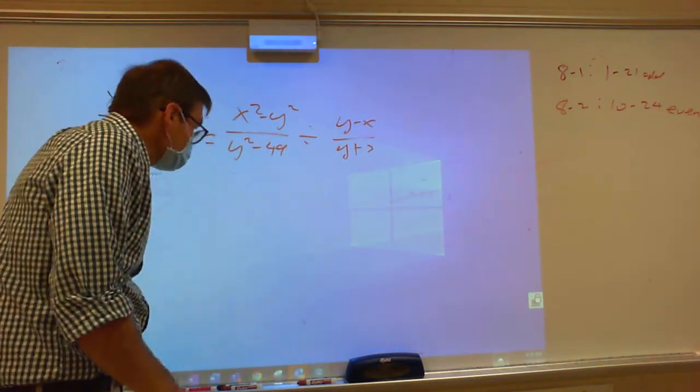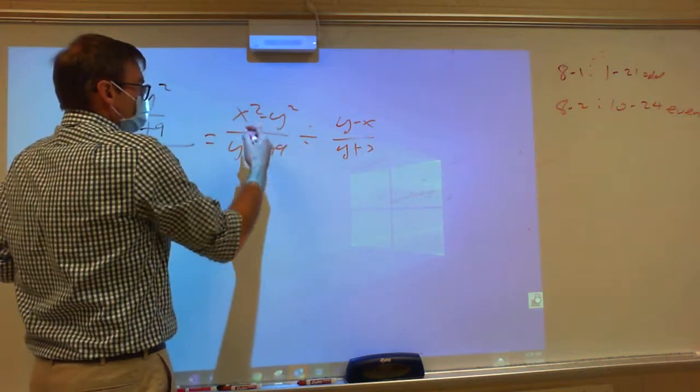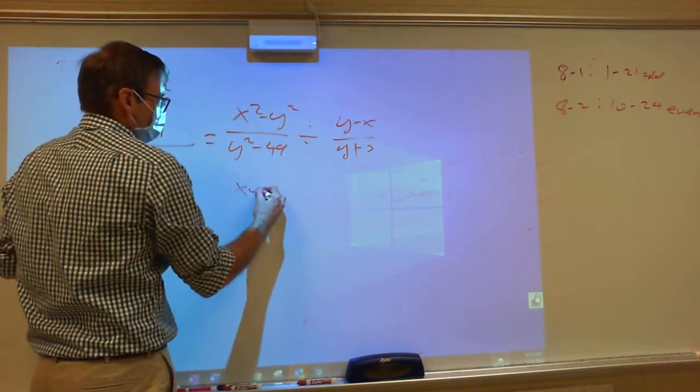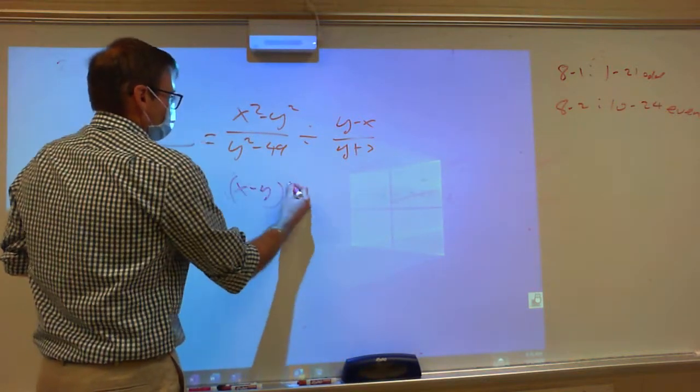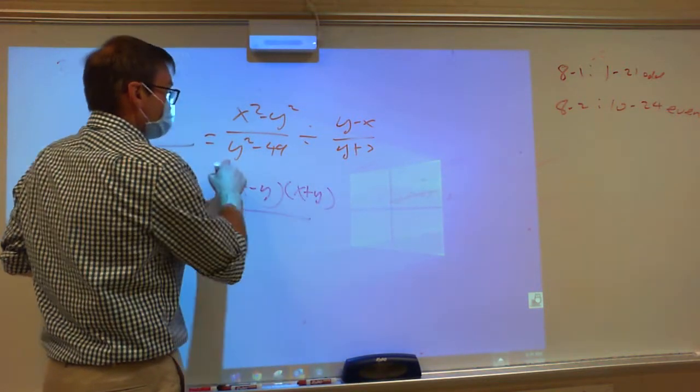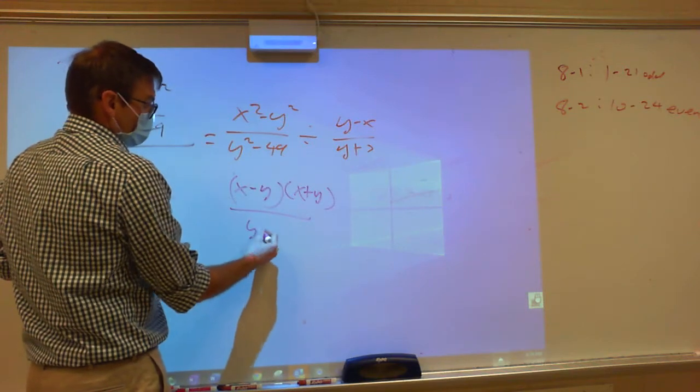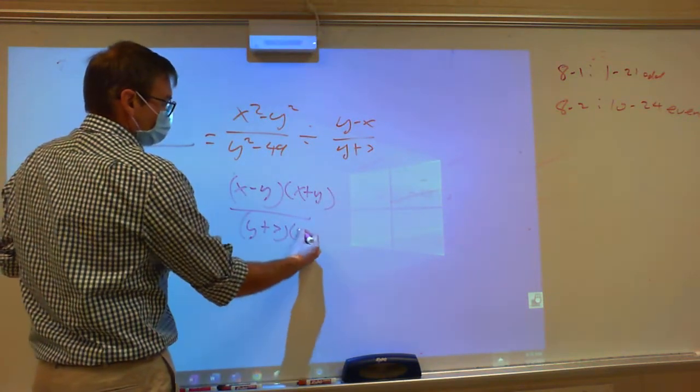So to solve this, first I recognize I have a difference of squares, so that's going to give me x minus y times x plus y. There's another difference of squares, that's going to give me y plus 7, y minus 7.